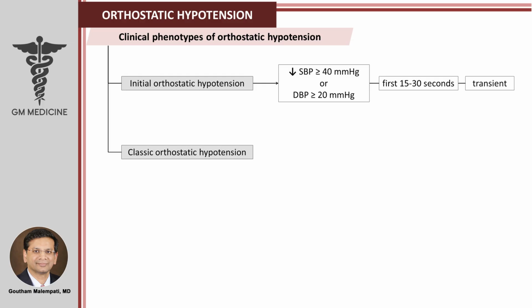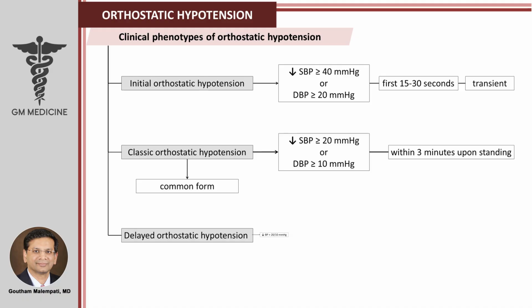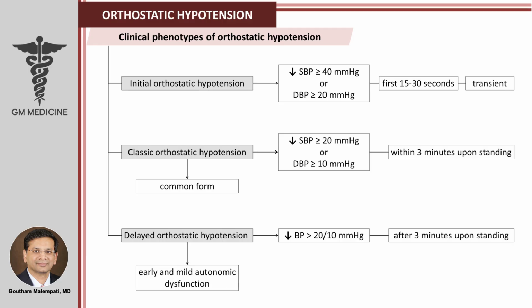Classic orthostatic hypotension is defined as decrease in systolic blood pressure of 20 mmHg or more, or diastolic blood pressure of 10 mmHg or more within 3 minutes upon standing. It's the most common form seen. Delayed is defined as drop in blood pressure greater than 20 over 10 mmHg after 3 minutes upon standing. It may represent early and mild autonomic dysfunction.